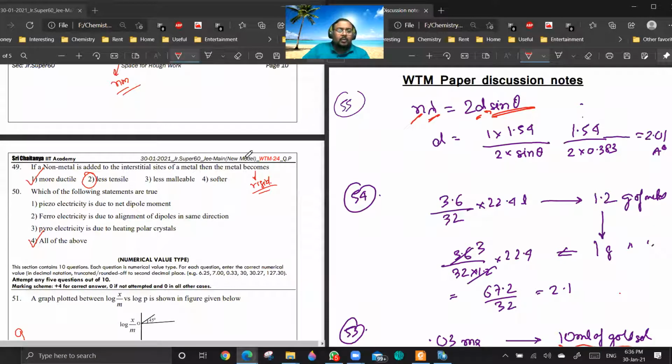Piezoelectricity is due to net dipole moment. Pyroelectricity is due to heating of polar crystals. Both are fact-based things. In fact, all three are fact-based. You have to just remember the statements. Any detailed discussion on this would be over-information from our JEE preparation point of view.